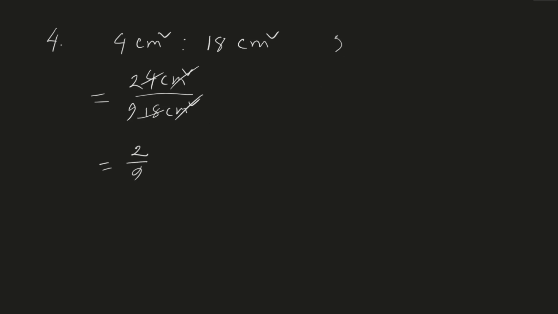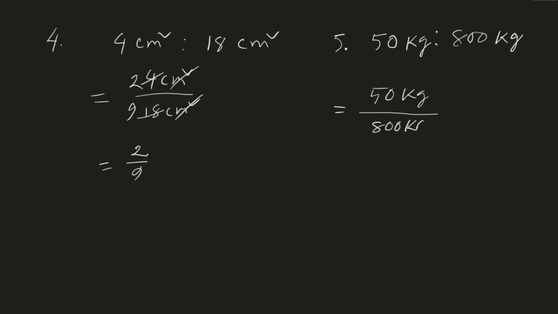So another one, number 5, which is 50 kg to 800 kg, right? So write it simply in fraction format, 50 kg divided by 800 kg. What we are going to do is just cancel it out by 50. Kg cancel, this 0 cancels, here is 5, here is 80.